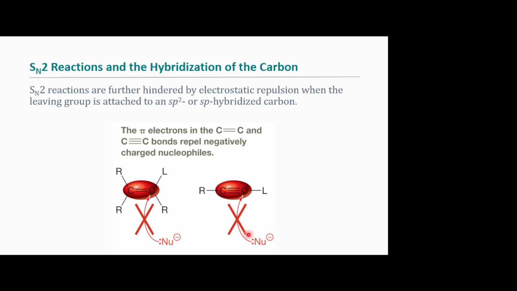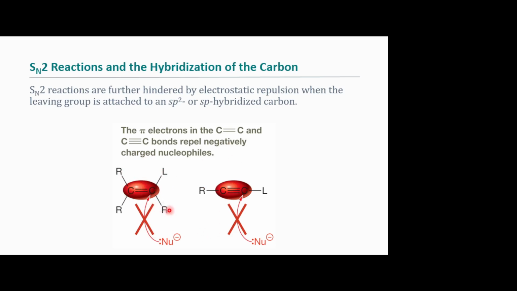And the reason for that has to do with the orbitals here. So your SN2 reaction is going to be further hindered in this case, and that's because of the electrostatic repulsion. So remember, when we're talking about a double or triple bond, right, they have pi bonds, right? So this is going to have this shell of electrons above and below. Okay.